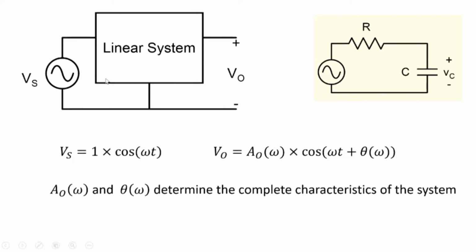But steady state sinusoidal analysis makes our analysis easier, helps us understand the system, and helps us in designing systems to meet a particular set of specifications. So for any linear system you want to understand, you can excite it sinusoidally and then look at the magnitude and phase of the output as a function of omega.